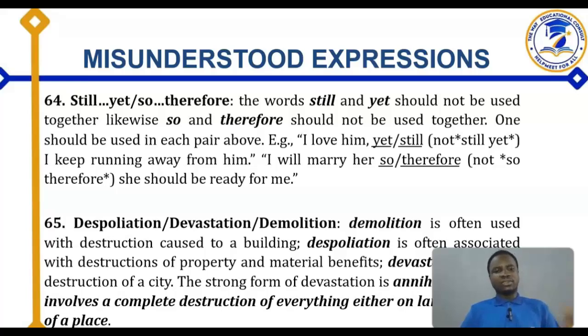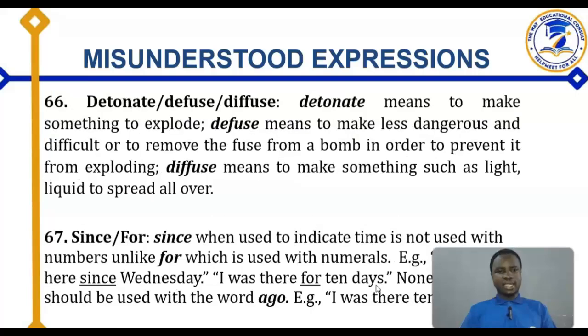Annihilation is not just destruction of houses or properties, but a complete destruction: the land burnt everywhere, water polluted, air polluted, the whole place becomes uninhabitable for a long period of time. They talk of annihilation.